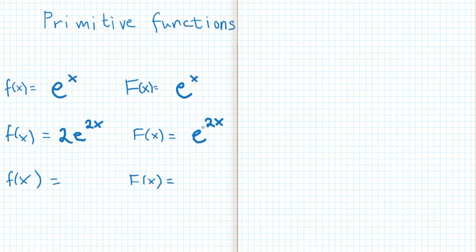So the derivative of this should be this. We know that the derivative of e^x is going to be the same thing times the inner derivative, the derivative of 2x. The derivative of 2x is 2, because I'm just going to multiply it here. So 2e^x, that's actually correct.